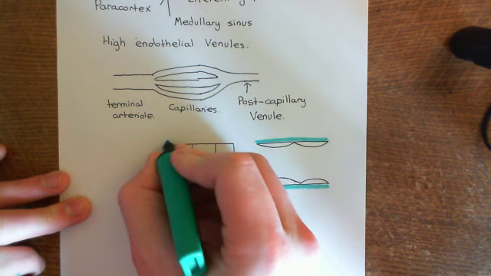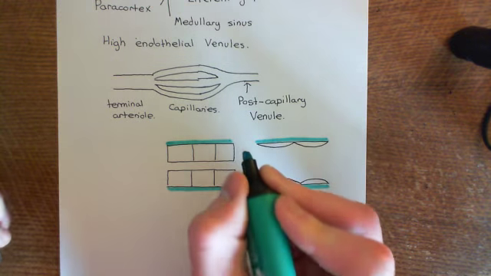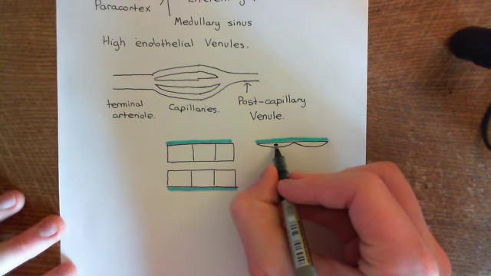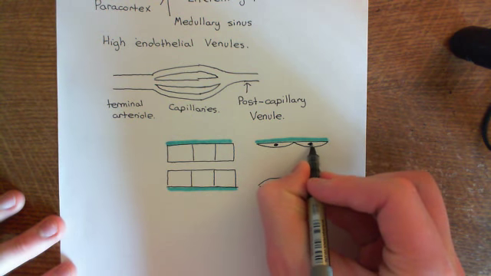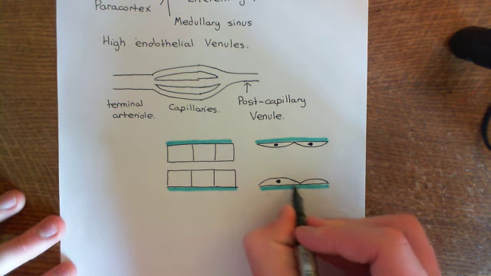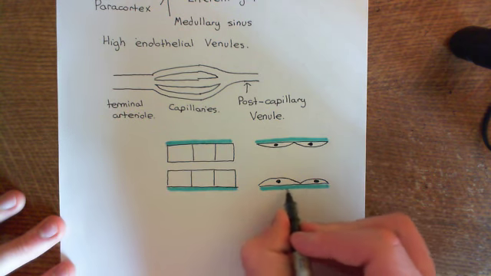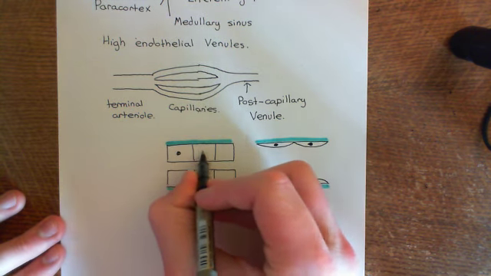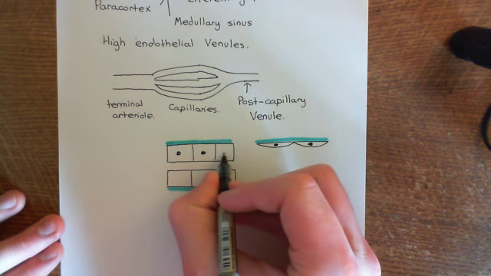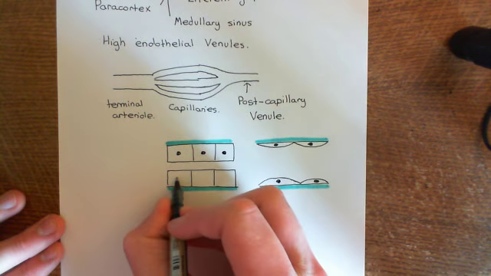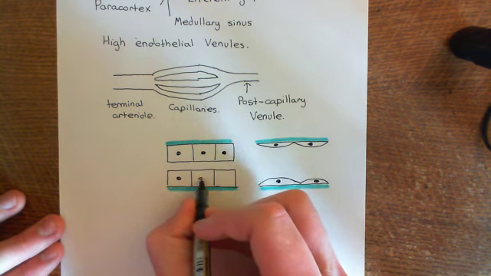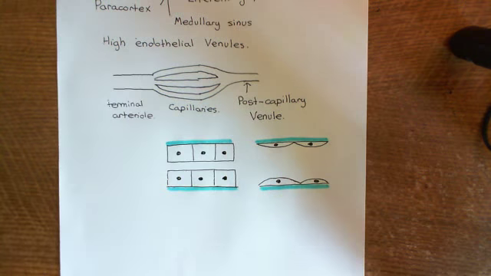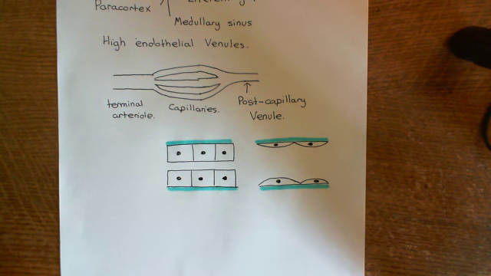This is the normal structure of a post-capillary venule, i.e. flat squamous endothelial cells on the basement membrane, which I've shown here in turquoise. Whereas the high endothelial venules, which you have in lymph nodes, have these very tall endothelial cells, which is why they're called high endothelial venules, because the endothelial cells are high.